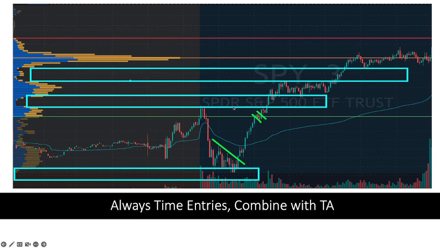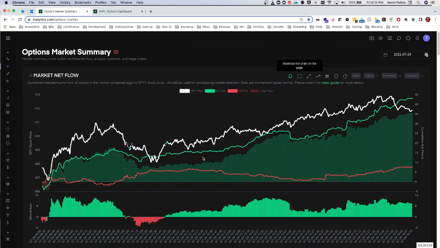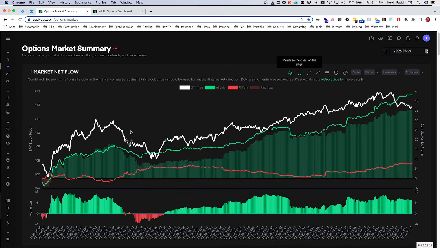All strategies work well, and this is just an example of how some volume price analysis combined with a little bit of pattern trading, you could be watching market net flow for this and find entries off of some standard technical analysis points, which I don't want to get into too far here, but I did want to point that out. Always combine market net flow with your favorite technical analysis strategy, and you will have amazing results.